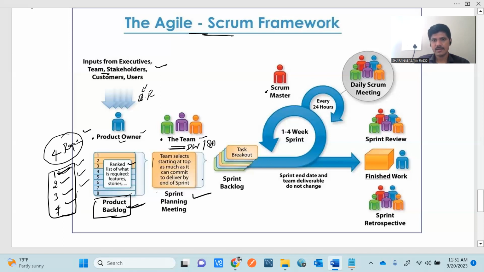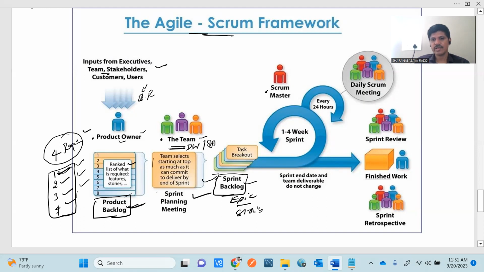Okay, then after deciding that, they will move those decided requirements, epics, or stories into a sprint backlog. This sprint backlog will have a specific epic and, under the epic, specific stories.